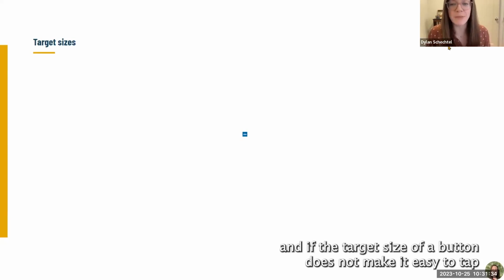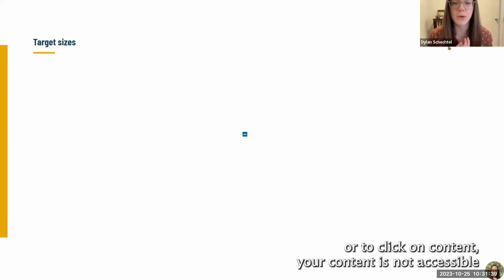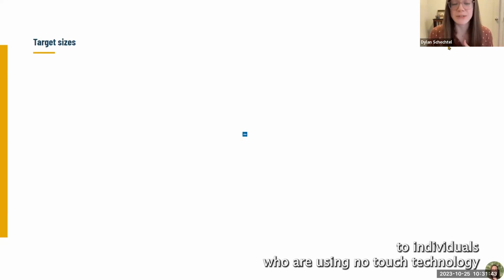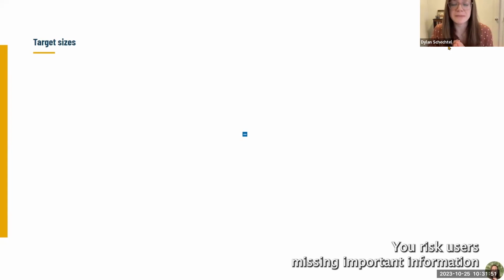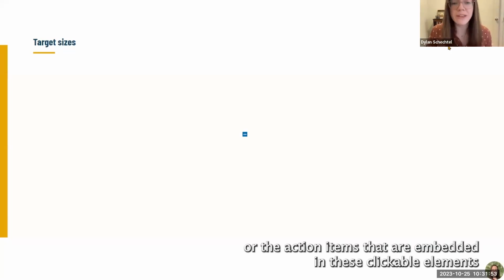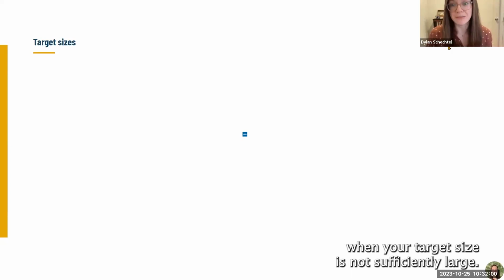And if the target size of a button does not make it easy to tap or to click on content, your content is not accessible to individuals who are using touch technology or who are using cursors and mice. You risk users missing important information or the action items that are embedded in these clickable elements when your target size is not sufficiently large.